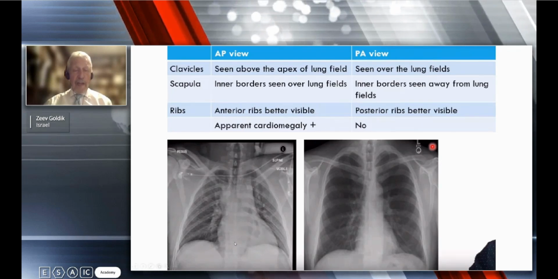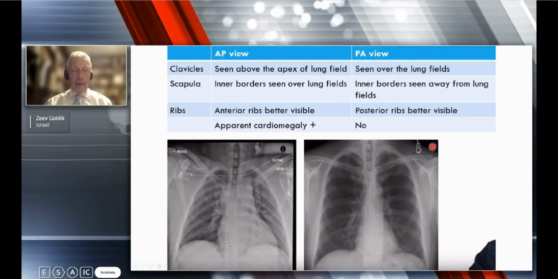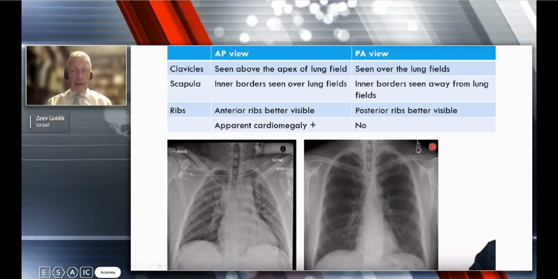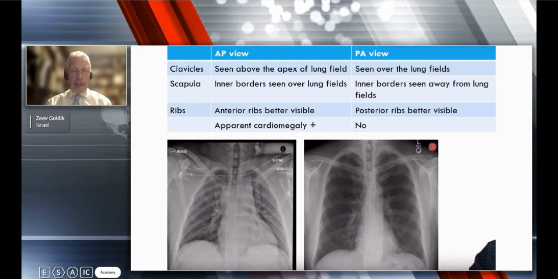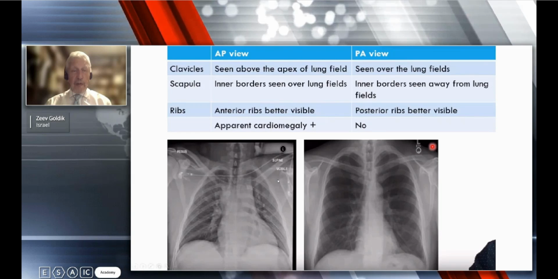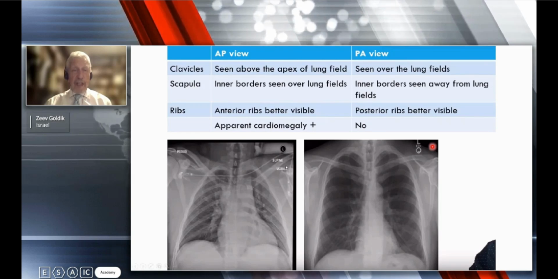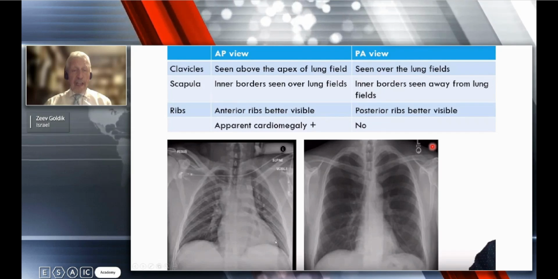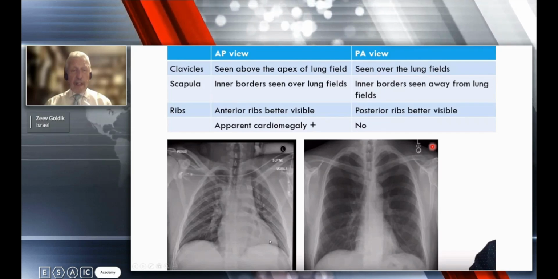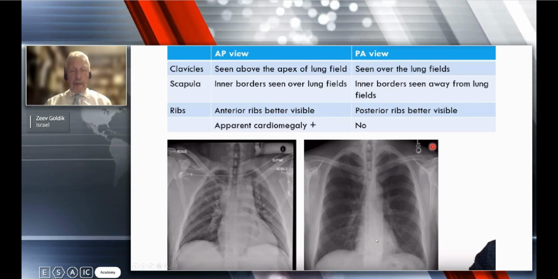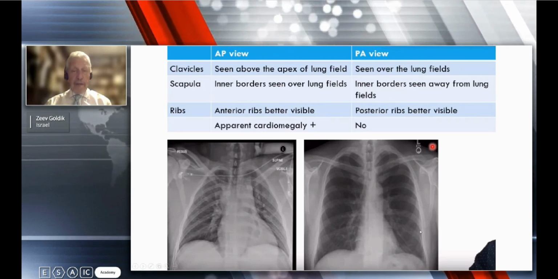We will talk in a moment about how to measure the silhouette of the heart in order to see whether this is a cardiomegaly or not. When the patient is in supine position and we are taking the anteroposterior view, we will see a kind of apparent cardiomegaly. Compared with the posterior-anterior, we will not see this cardiomegaly.